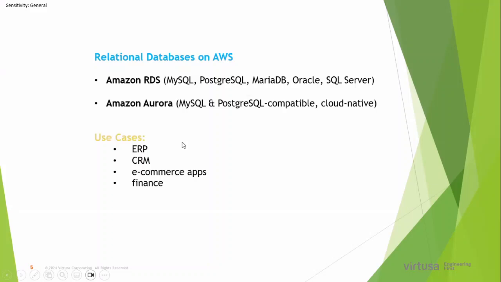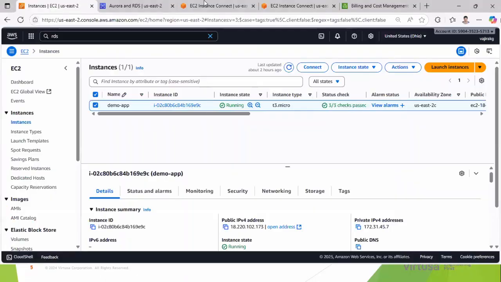If I go to the relational databases in AWS, we have two main types: Amazon RDS and Amazon Aurora.